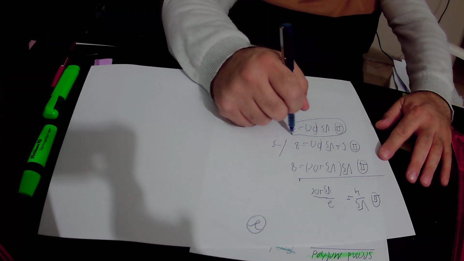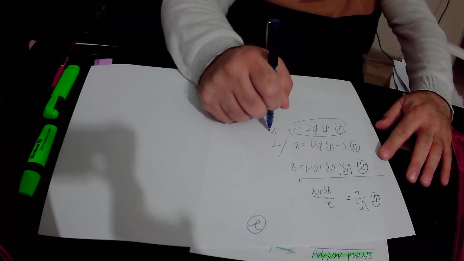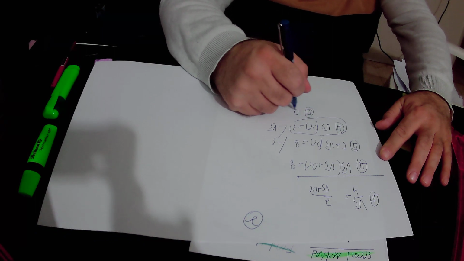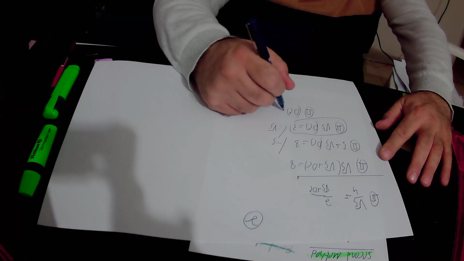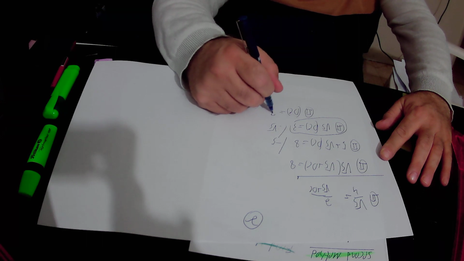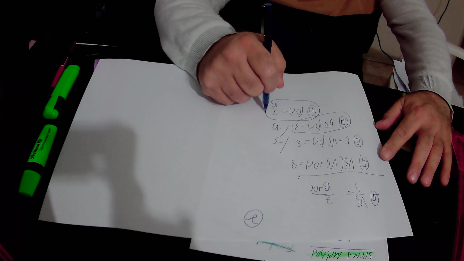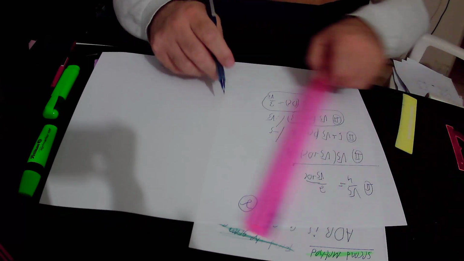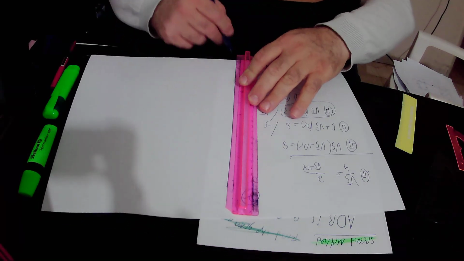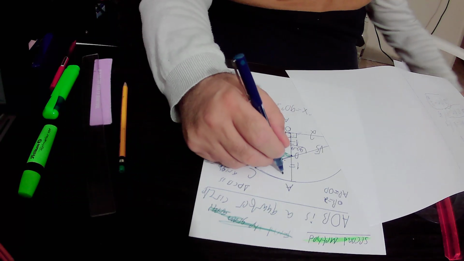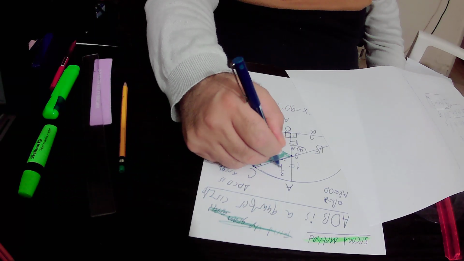Here we will divide this equation by square root of 5, and we get that DC equals 3 over square root of 5. So we found out that DC equals 3 over square root of 5.